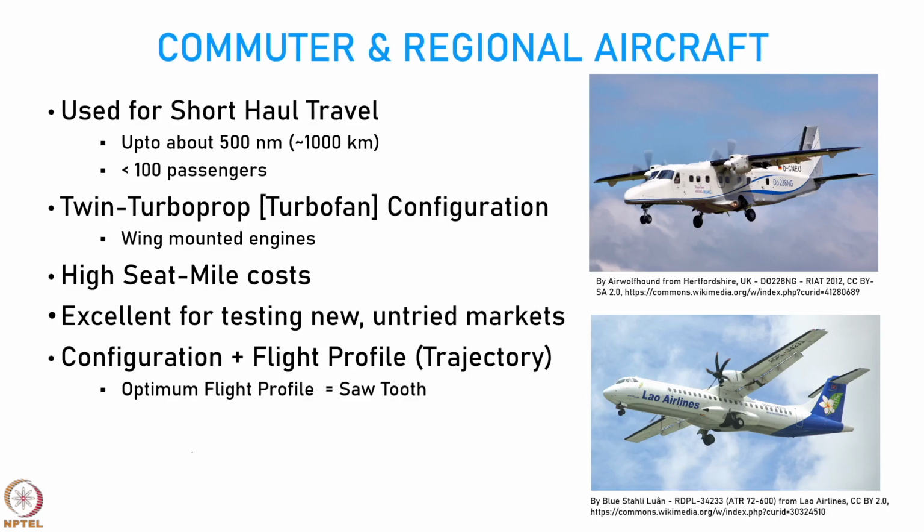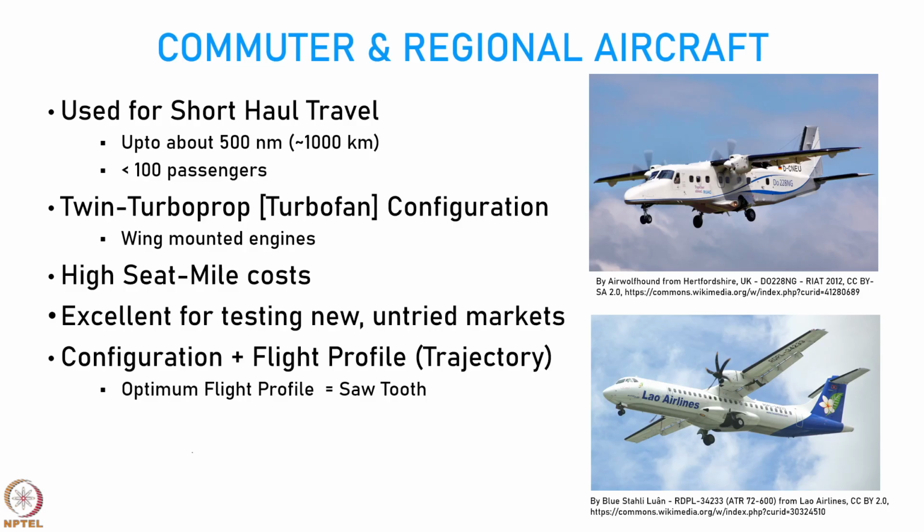Now when you operate an aircraft on a short haul market, that is short distances, you encounter a very interesting phenomenon: it is not just important what configuration you fly, but also how you fly, what flight profile you take. For a classical long range airliner, the flight profile is very standard.